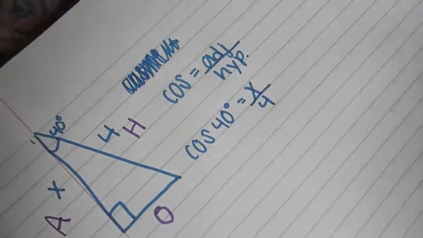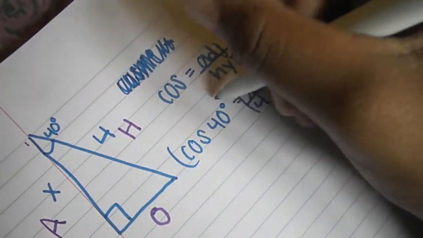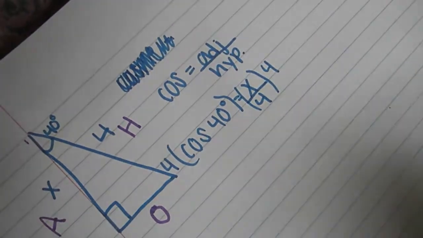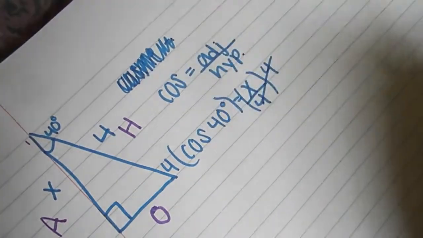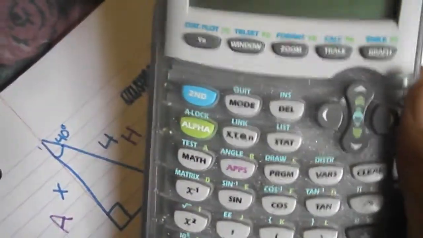So to figure out that problem, you're going to multiply both sides by 4. And the 4's cancel out. So then you'll get your calculator.